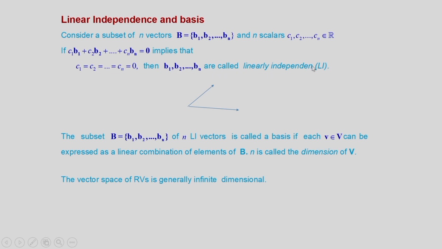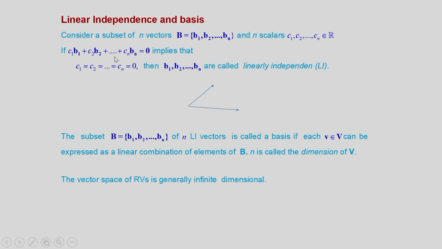This we abbreviate as LI. So, if this left hand side is equal to 0, then all the coefficients must be identically 0. Then we will say that these vectors B1, B2, Bn are linearly independent.